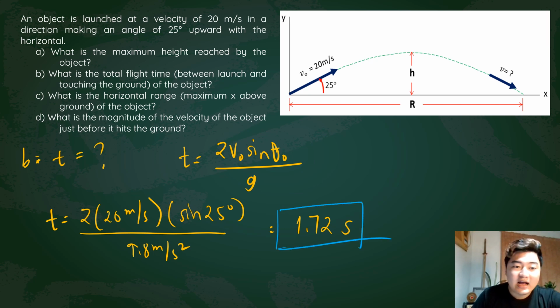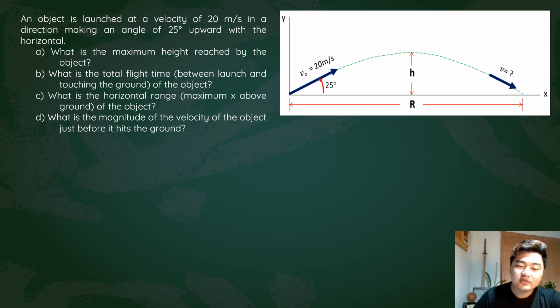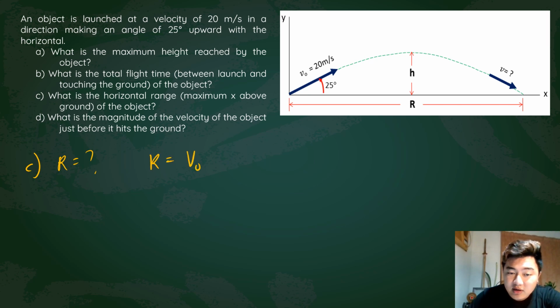Okay. Now, letter C. For letter C, we are to solve for the range. What's the range of the object? We also have a derived equation for the range of a symmetrical projectile motion, which is range is equal to your initial velocity squared sine 2 theta over g.